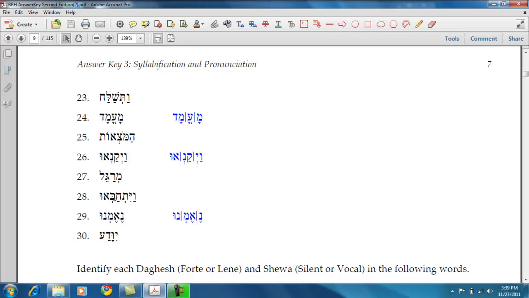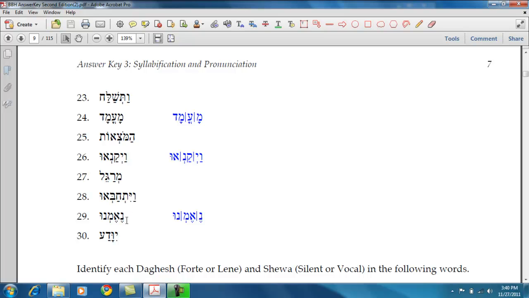So it starts be and then the last one's u. So vai yit cha beu. This is actually five syllables in number 28.